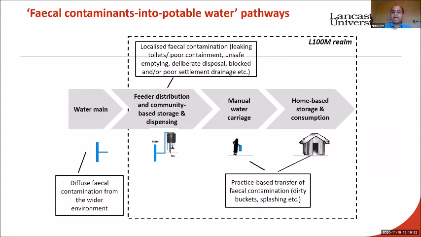Then people put this into an overhead tank, sometimes a standpipe. That's where people come and collect the water. The lady is doing exactly so, and she's going to her home. And along this side, there are different gateways for fecal material first being released into the environment from poor quality sanitation, poor quality toilets, then getting into the water that she is carrying.